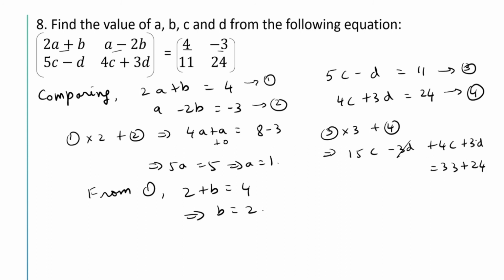So these two will go. So from this we get 19c is equal to 57 or c is equal to 3.